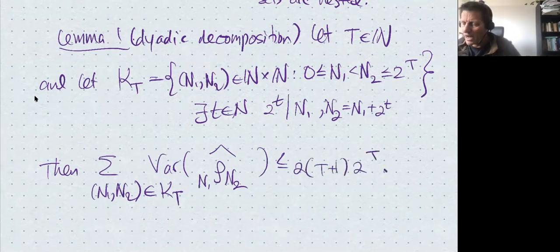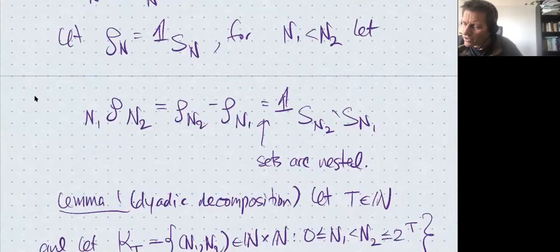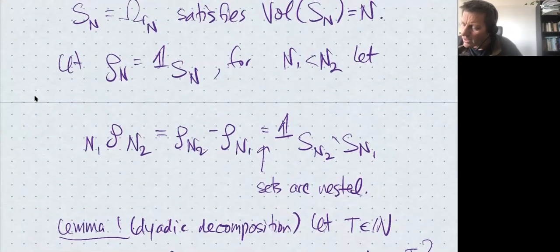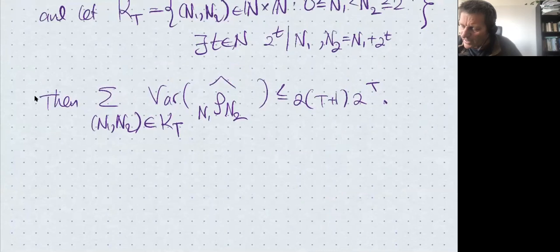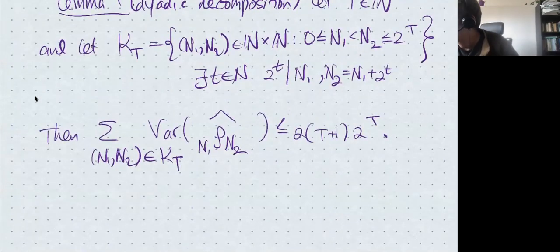Okay, so it's a bound on the variance of a finite collection of functions, these Siegel transforms of these sets. And the finite collection is given by this dyadic decomposition. So let me give you some examples of this dyadic decomposition before we give the proof.